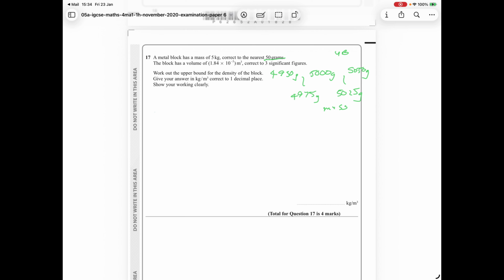The block has a volume of 1.84 times 10 to the power negative 3, which is 0.00184, to 3 significant figures. Work out the bounds. Now that's to 3 significant figures, so let's go for its upper bound and lower bound as well.